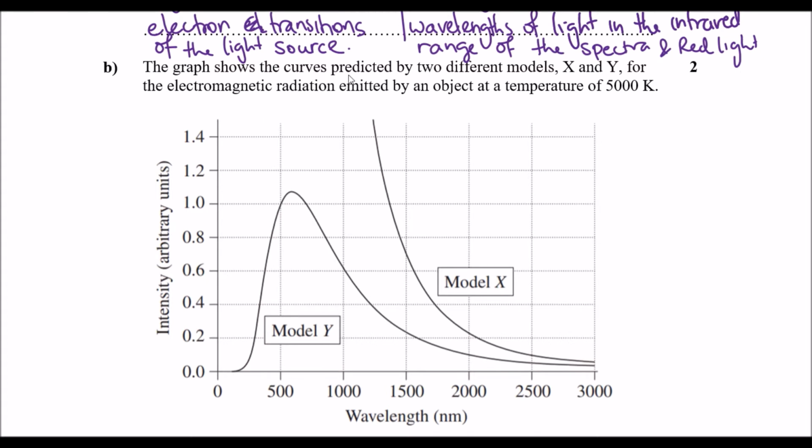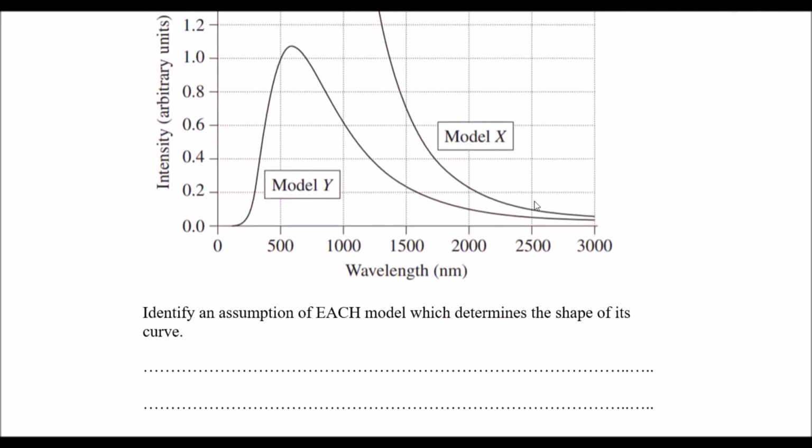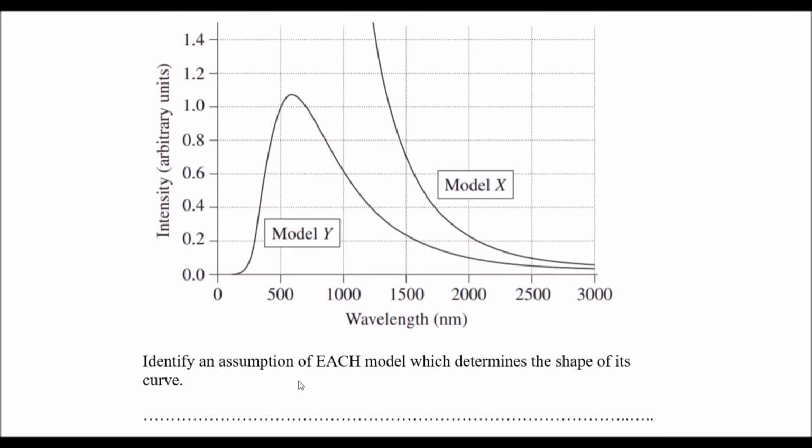The graph shows the curves predicted by two different models, X and Y, for the electromagnetic radiation emitted by an object at temperature 5000 Kelvin. It says identify an assumption of each model which determines the shape of its curve. Okay, so model X is of old classical physics.